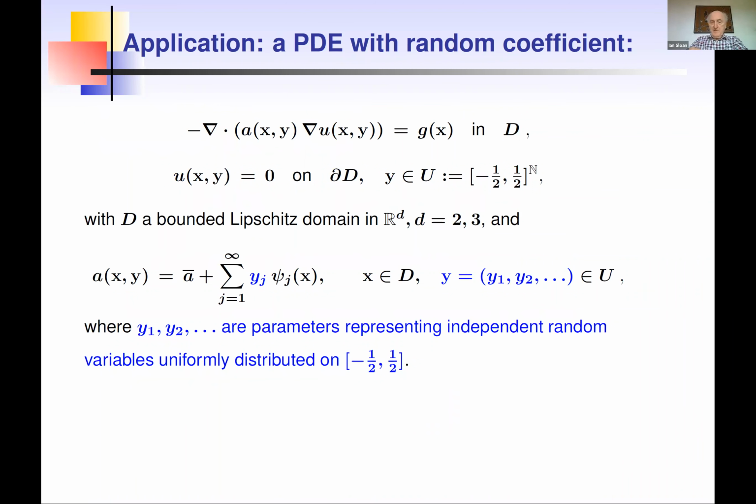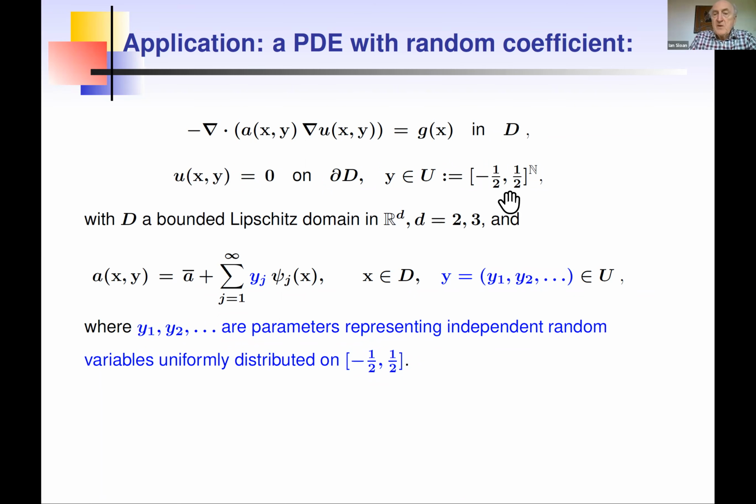And so I want now, in the remaining time, just to talk quickly about an application. In the world of uncertainty quantification, this is now a very much studied problem: a simple second order elliptic PDE, minus the divergence of a(x,y) grad u(x,y) equals g(x), with Dirichlet boundary conditions.